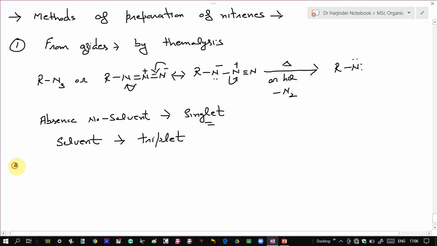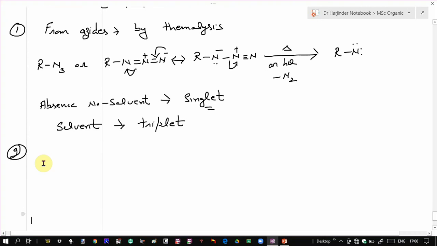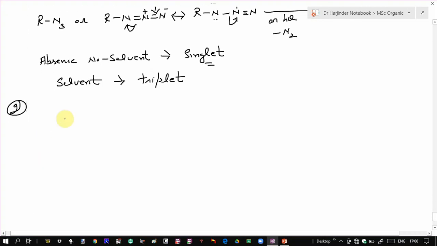The second method of their preparation is from sulfinyl amines.